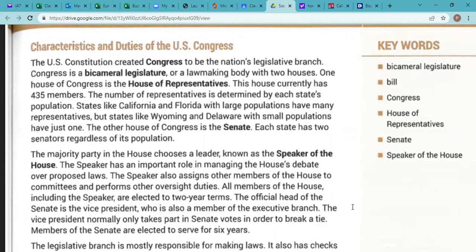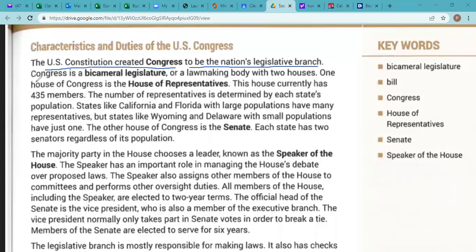Now, another name for the legislative branch is the U.S. Congress. And as we read through here, you'll find out more information about it, of course. So it says here that the U.S. Constitution created Congress to be the nation's legislative branch.